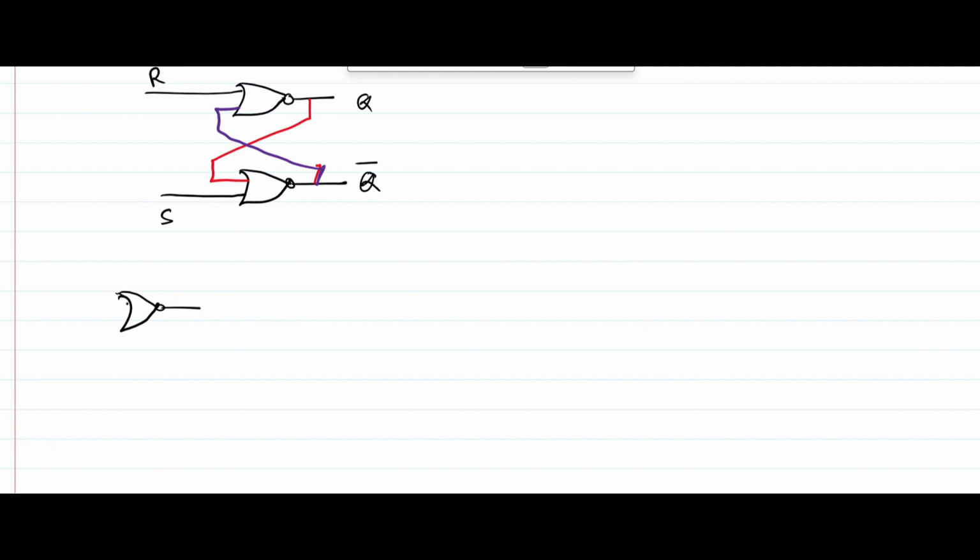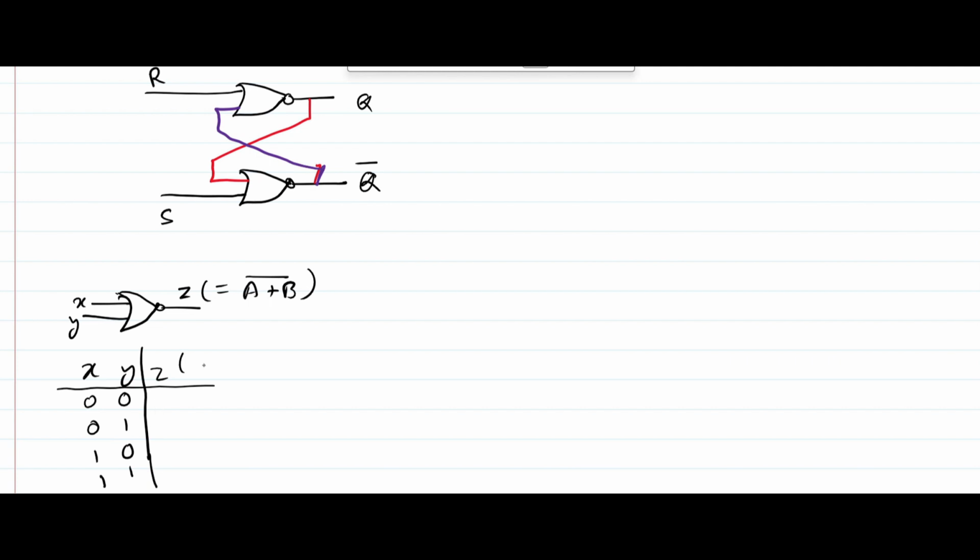Suppose my inputs are X and Y and output is Z, then Z will be X plus Y bar, sorry, the complement of X plus Y. Actually in the previous case I used A plus B, but now I am taking inputs as X and Y. So for X plus Y equal to 0, the complement will be 1. Where X plus Y is 1, its complement will be 0. Again here also we will have 0, and here also 0.